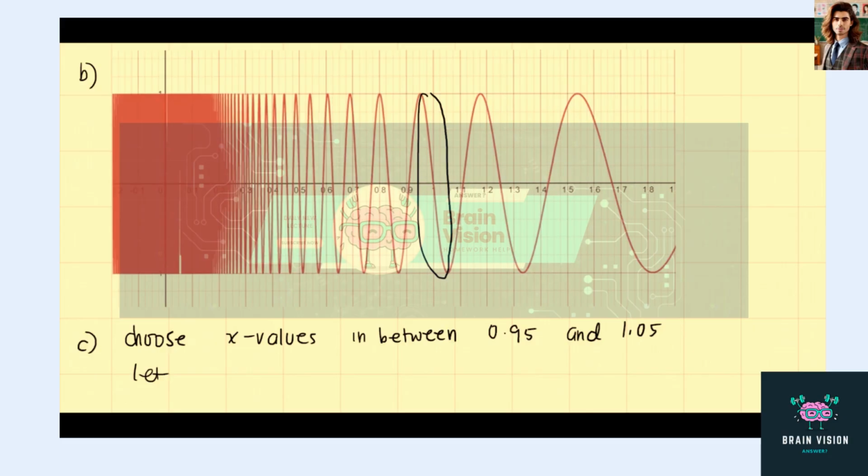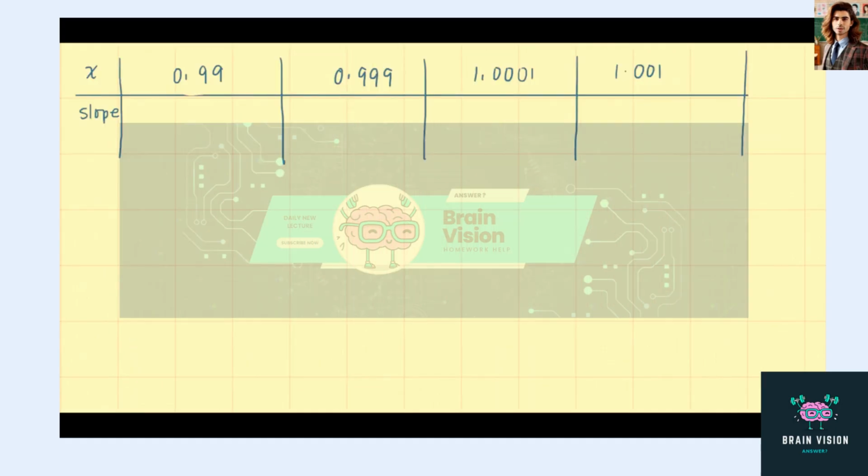Let's say x is 0.99, 0.999, and then for x values to the right of 1, let's say we have 1.0001, and then 1.001. From here, we find the slopes of the secant lines. We do the same process as in part A: we make a table and then find the slope. Below is the table of values.